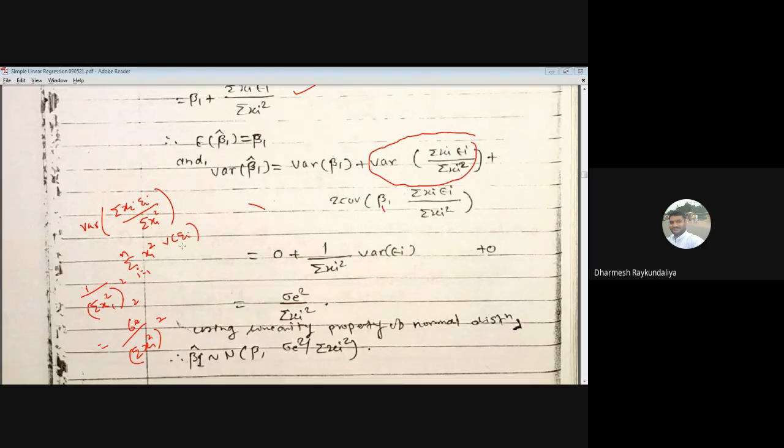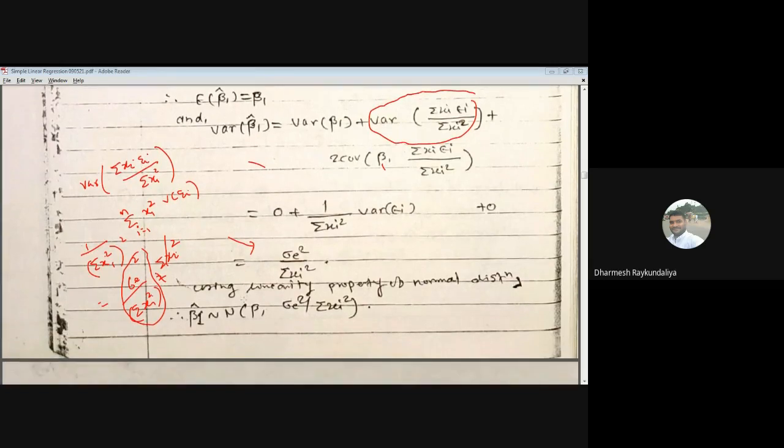But variance of epsilon i is sigma e square. So we get sigma e square times summation xi square, and in the denominator there is a square, so this will cancel out. So the variance of this quantity is sigma e square upon summation xi square. So that is what is written.